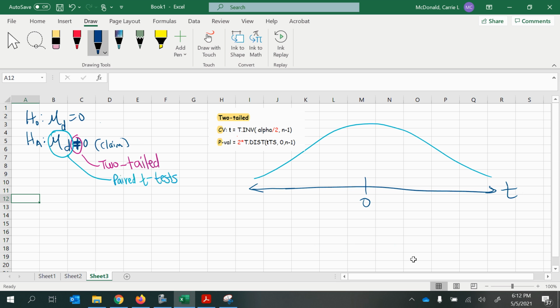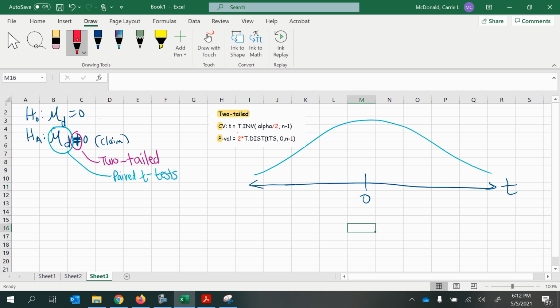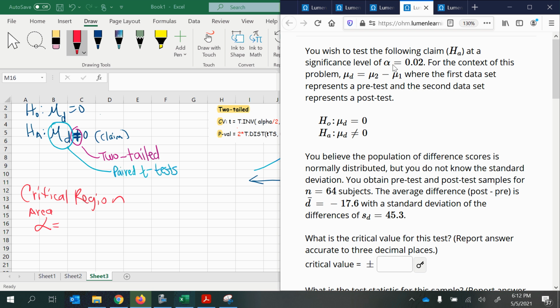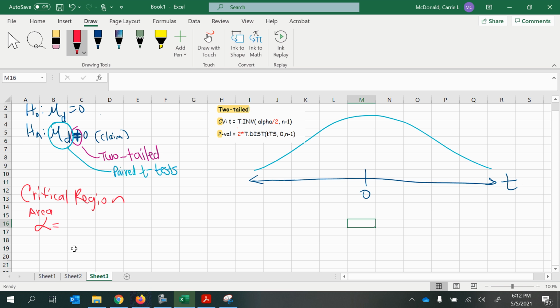All right, now, what about the critical region? We're going to need the alpha, which is our area, which is given in the problem somewhere. 0.02 given again, okay?